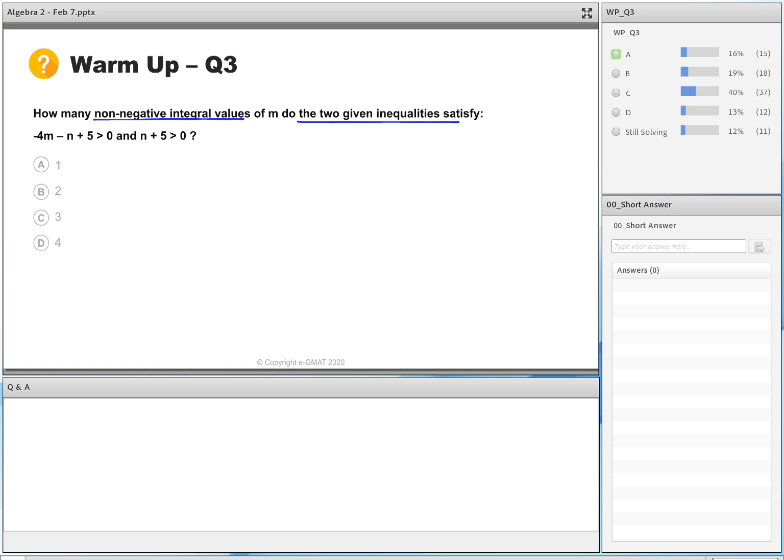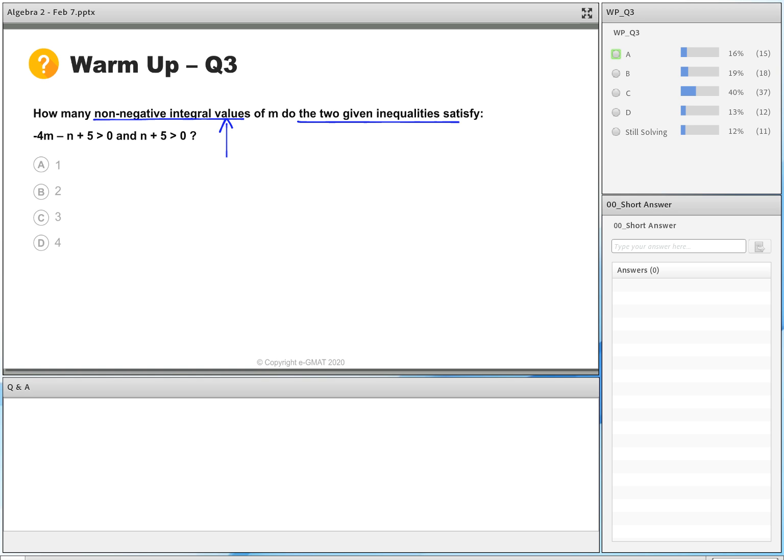The moment I get the range of m, post that I need to find out how many non-negative integral values I can have for m. Somewhat similar to the previous question, but now with another constraint given in this question, and this constraint over here is very important. Why? We'll come to this shortly.